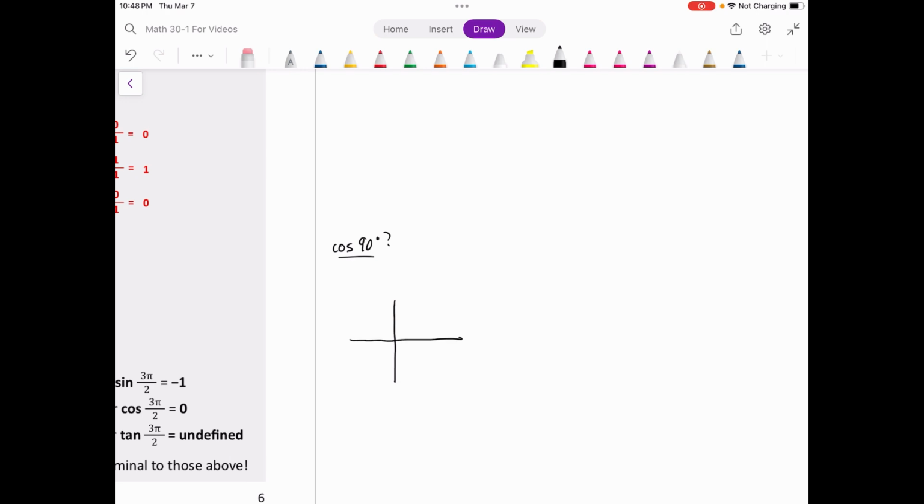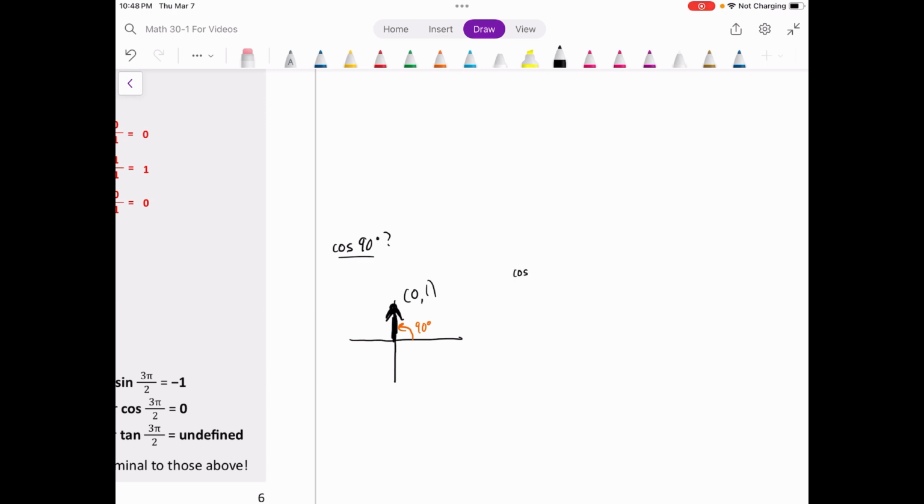You can think, well, 90 degrees looks like this, right? That's the terminal arm of a 90-degree angle. So what's a point I could think about? (x, y). Well, x will be 0 wherever I look, and it doesn't matter what we pick for y because we know x is 0. So how about (0, 1)?